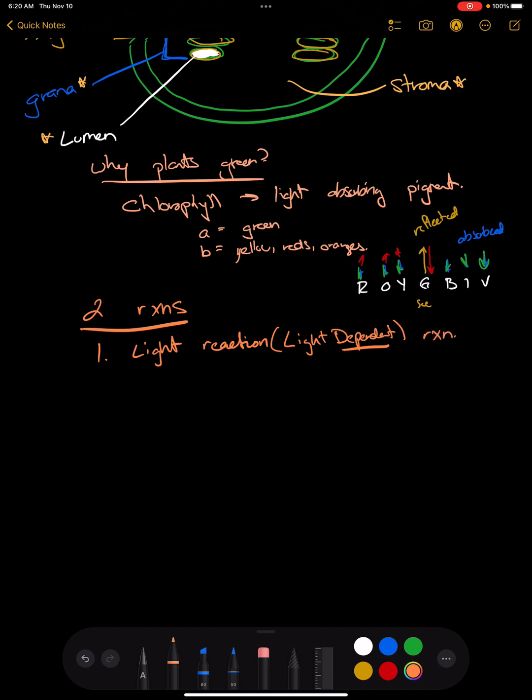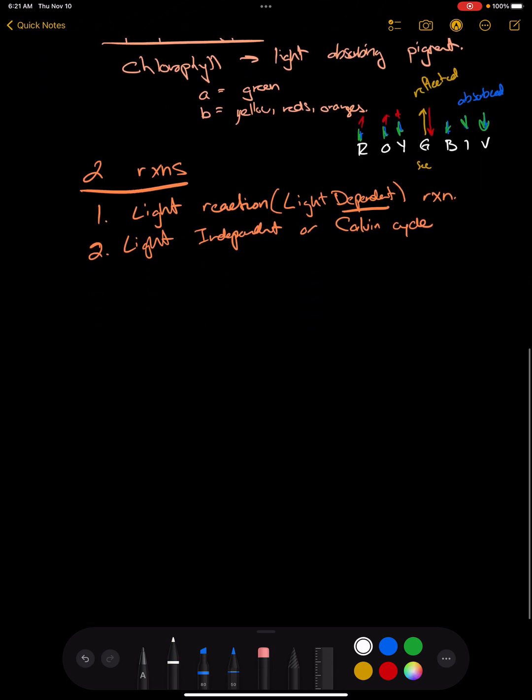That's where the sunlight comes in. And then my second reaction, if the first one's light dependent, then the second one is called the light independent reaction, right? Which means it's independent. It doesn't need light at this point. There's also another name. This is also called the Calvin cycle because of the guy that figured out how it worked. Okay?